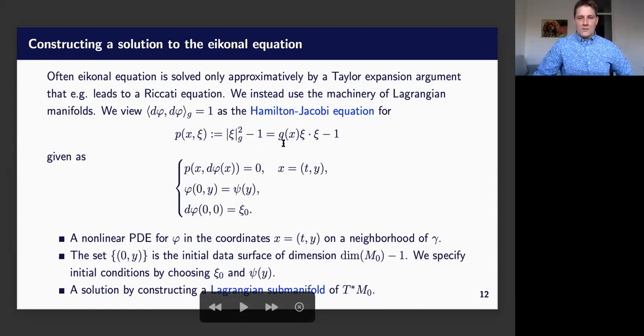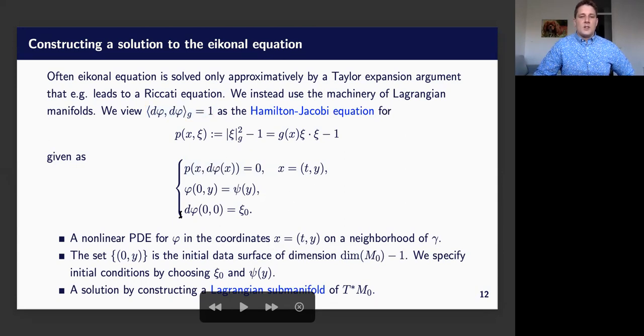So in local coordinates, you have the Riemann metric matrix here, and you multiply the vector psi, and then you take the Euclidean inner product against psi in coordinates. So the Hamilton-Jacobi equation is the equation of this form here. Now if you plug in d phi in place of psi, you will see that this first equation is equivalent to the diagonal equation, which was this one here.